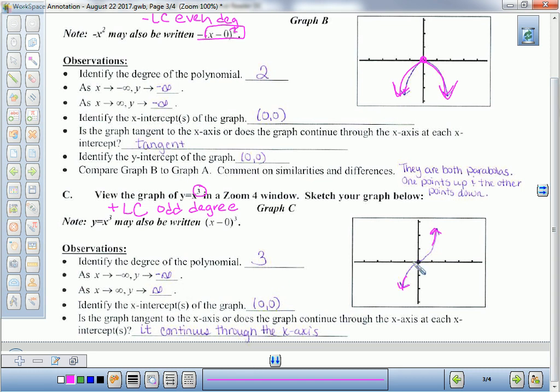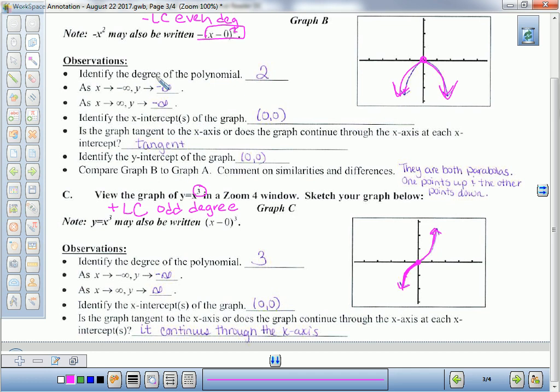Now, the other thing you should have noticed is the x-intercept is here at 0, 0. It passes right on through here. It does not bounce, does it? It passes through. But it passes through in an interesting way. If we look at this left side, do you see how this is kind of concave down? Concave down right here.